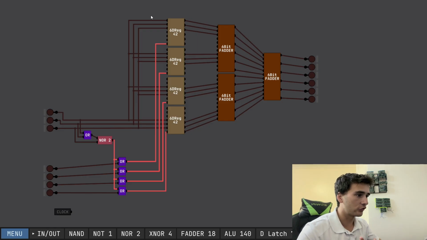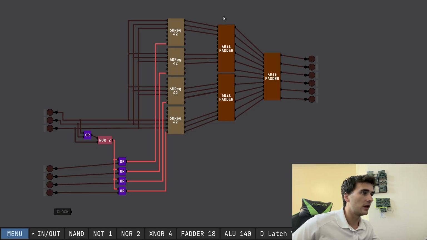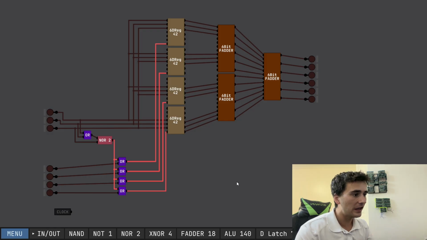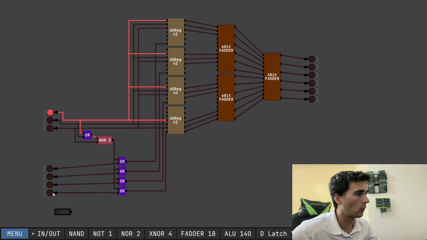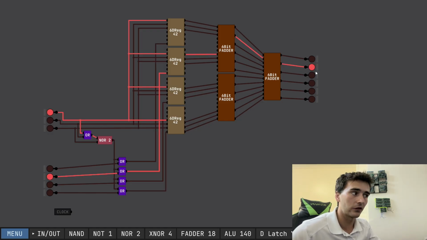So we have these registers that are going to store and hold our numbers, and then we're going to use these adders to add the tens place, excuse me, by the ones place once we multiply the numbers. So for example, let's say we have 4 times 4. That gives us 16.